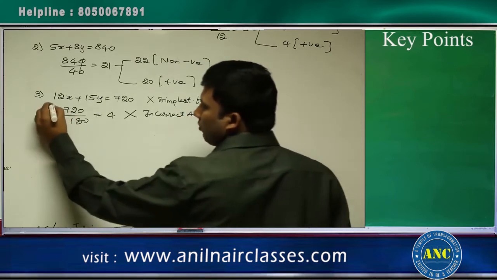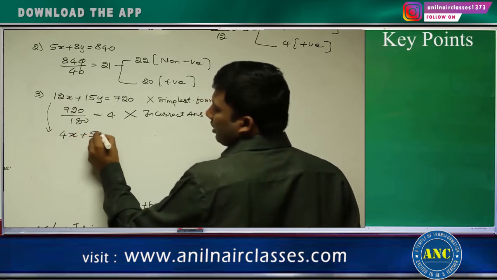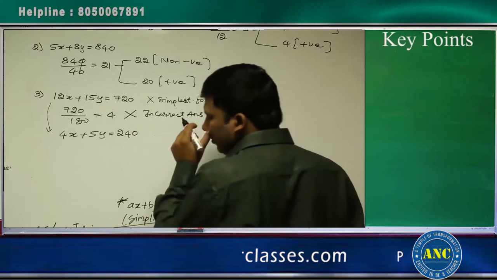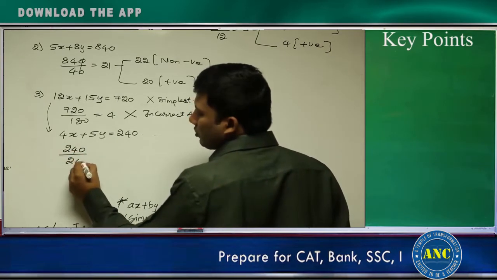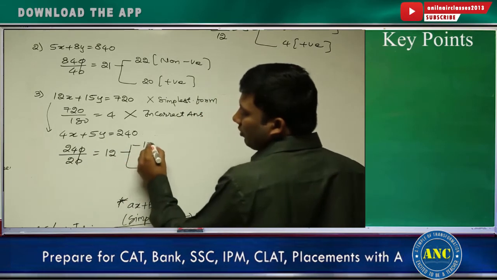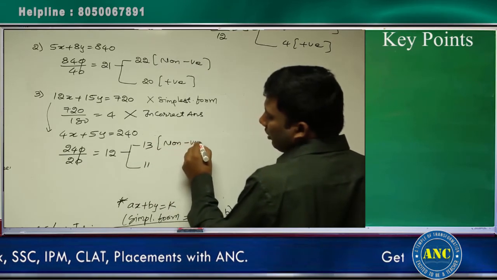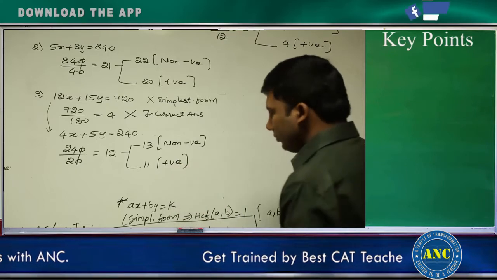First make them co-prime. If I make them co-prime, 3 4s are 12, 3 5s are 15, 3 240s are 720. So this will be 240 by 20. What is 240 by 20? 12. 12 gaps will be there. What will be the answer? 13 will be non-negative. 11 will be positive.